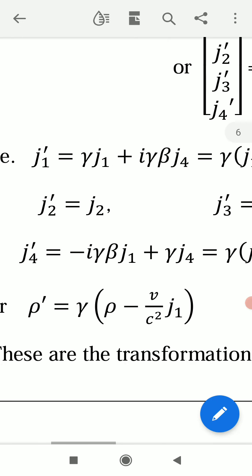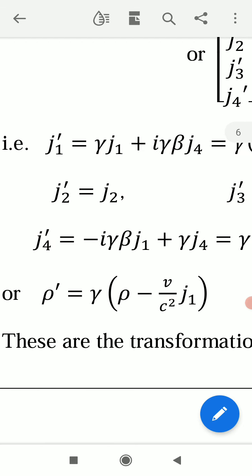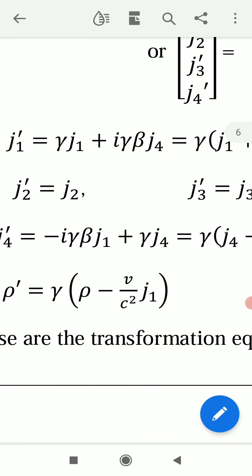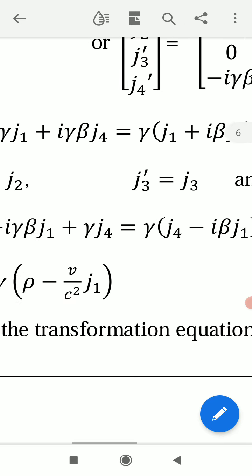Gamma is taken as common, so it becomes equal to gamma into J4 minus I beta J1.